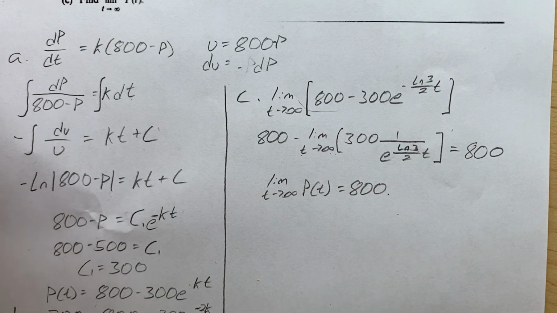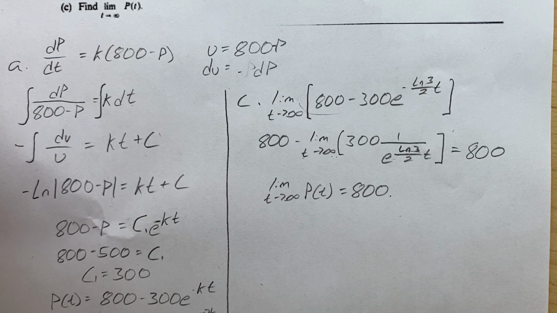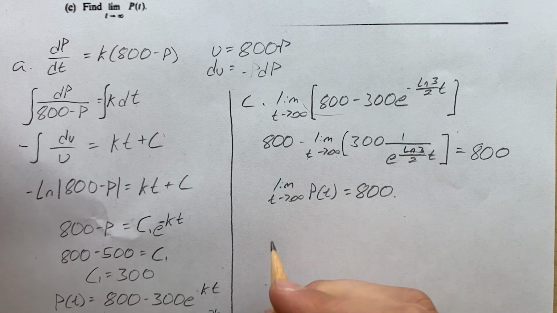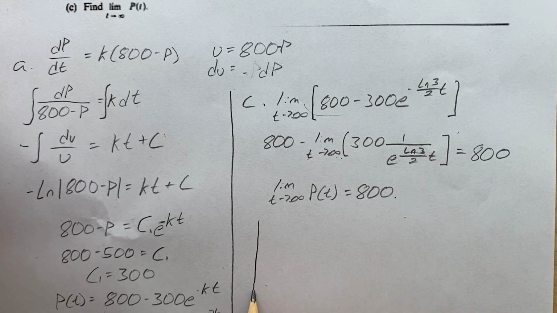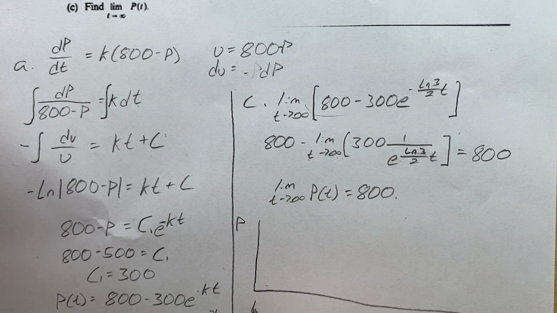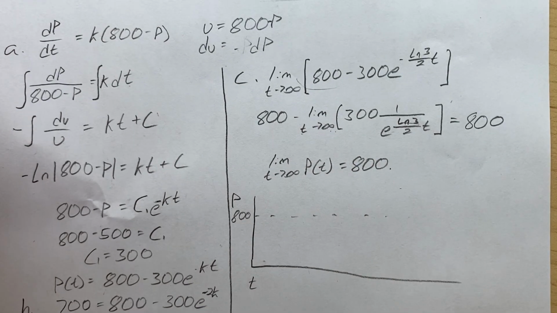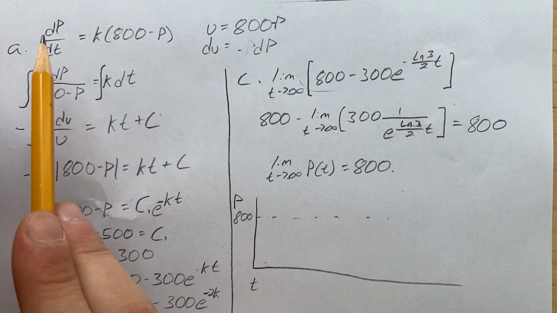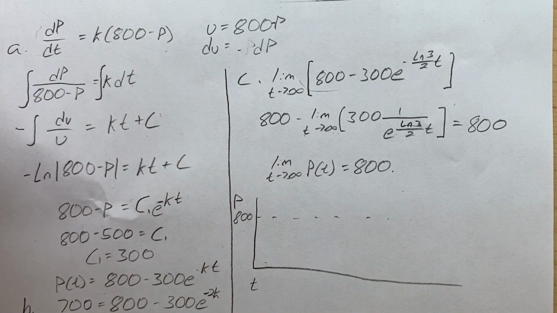There you go. And I just want to point out really quick before I close out, that this should make a lot of sense. Now, if you look, I'm going to just draw a quick little slope field. Imagine this is p, this is t, and here we'll have 800. Now, if you take just the original differential equation we have up here, dp over dt equals k times 800 minus p.